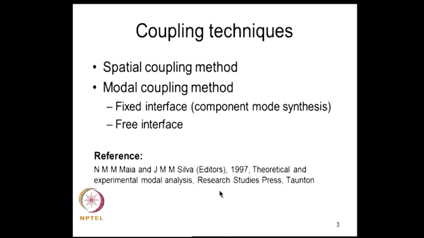Now, we move on to the next topic, that is known as coupling techniques or the substructuring techniques. The basic idea here is again we deal with large FE models and we want to devise some way of reducing the size of the problem while computing the response.